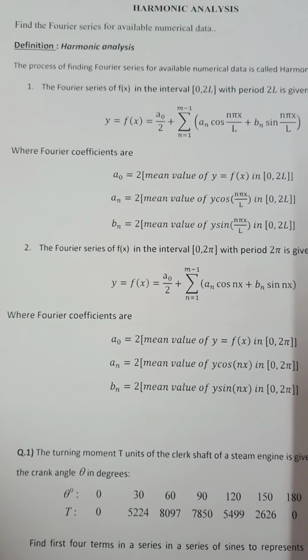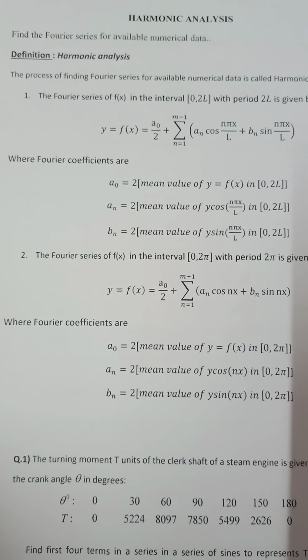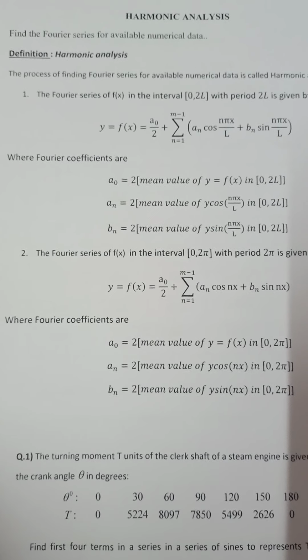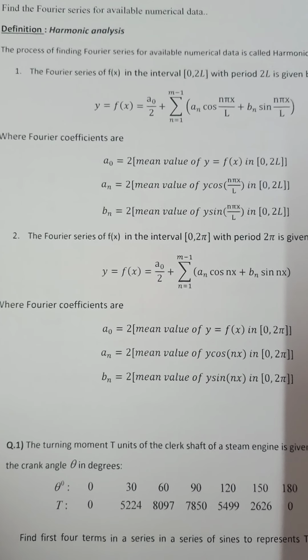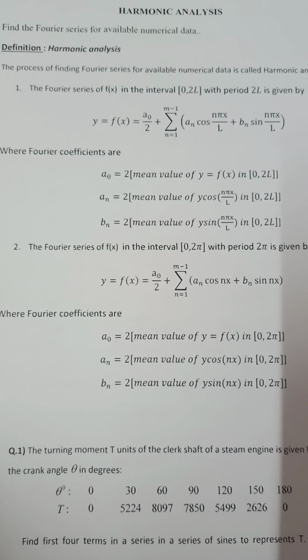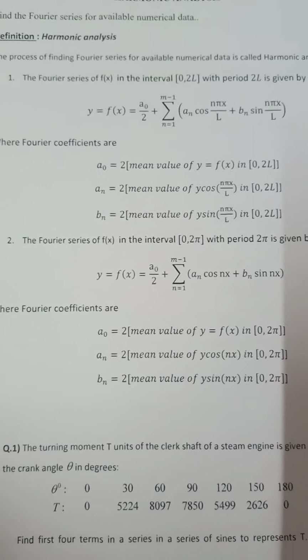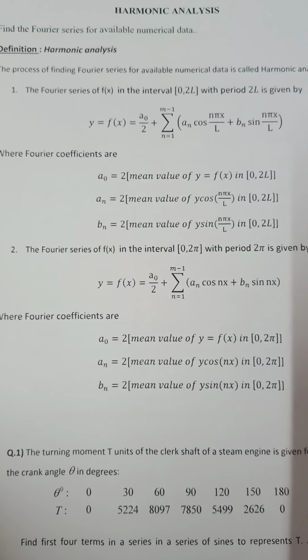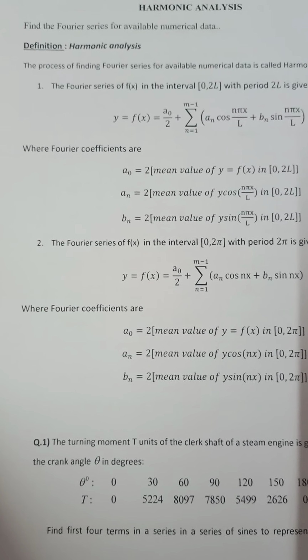where the coefficients are: a0 is given by 2 into the mean value of y = f(x), an is given by 2 into the mean value of y cos(n pi x/l), bn is 2 into the mean value of y sin(n pi x/l).